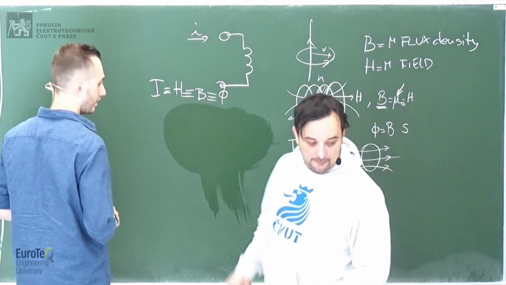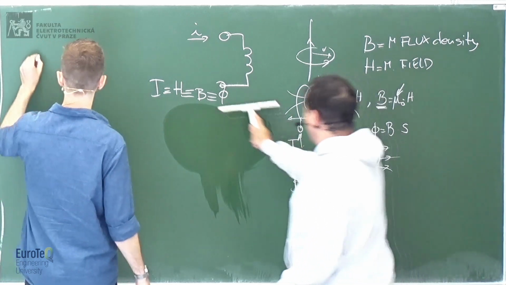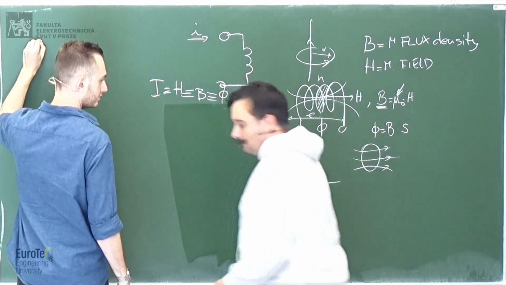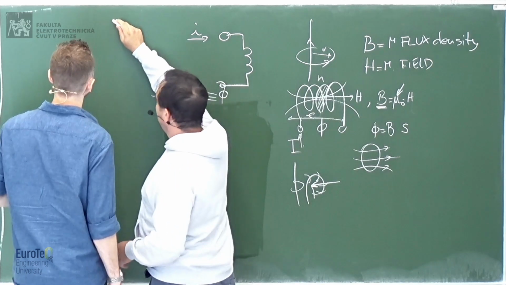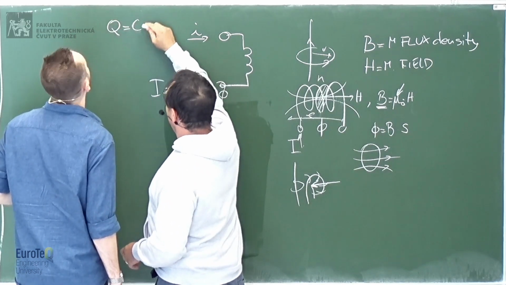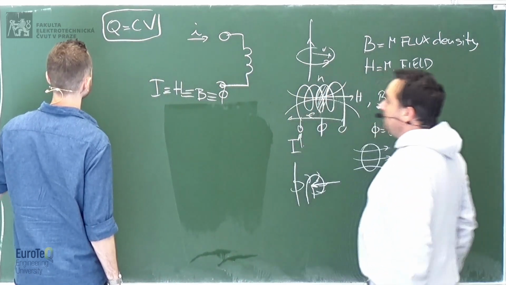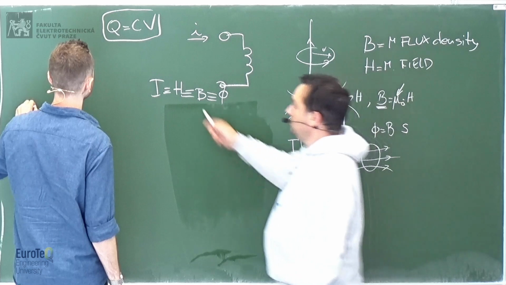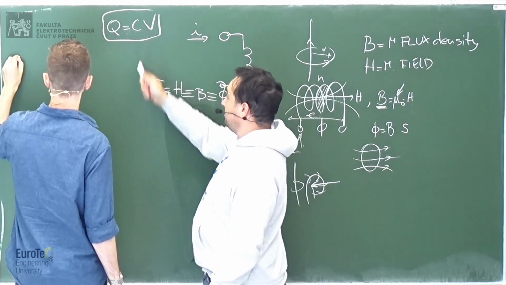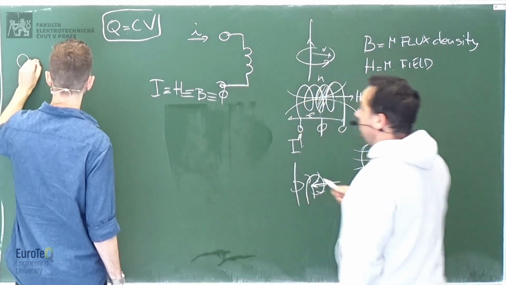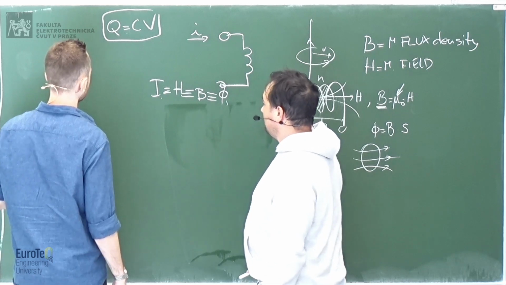Before, remember, we said that between voltage and charge there is a proportional, linear relationship. Now we can do the same, but it's not charge, it's flux and current.